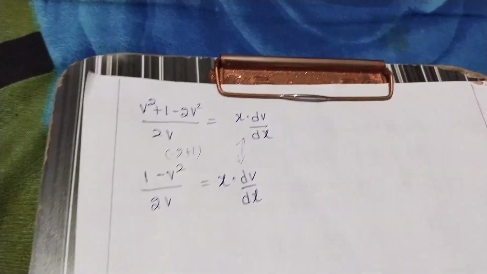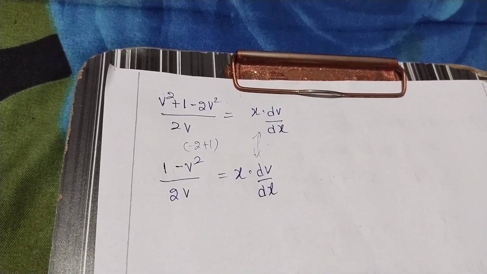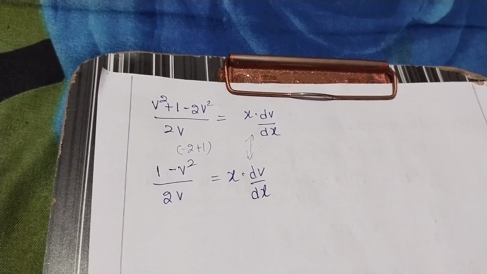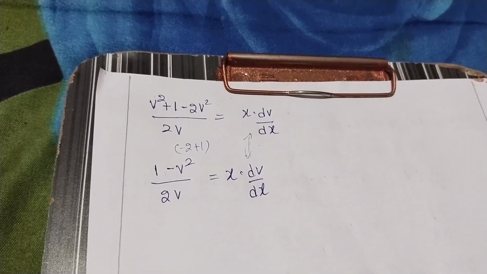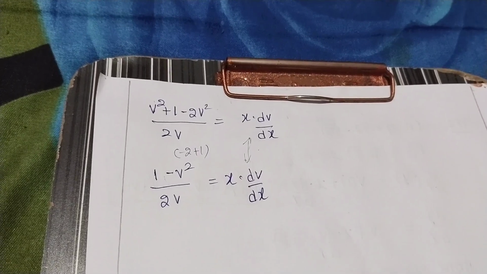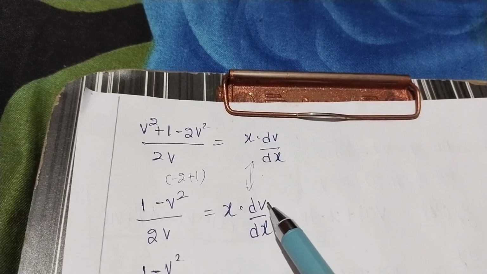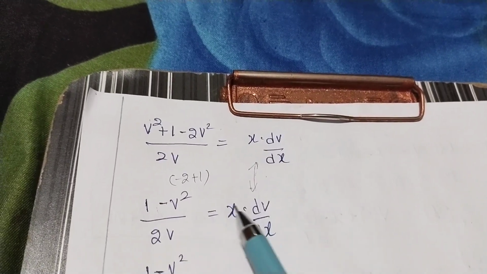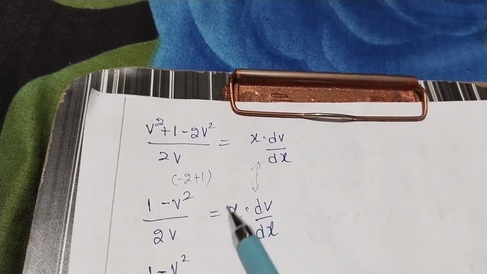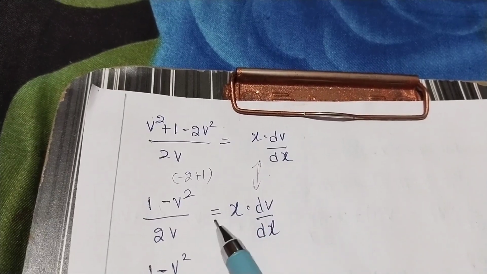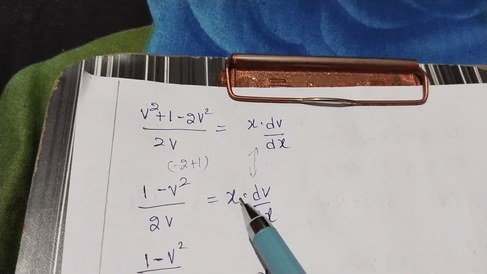So now let's start separating or segregating the x and v terms. Separating is nothing but moving the v terms to one side of the equals sign, and the x terms to the other side.